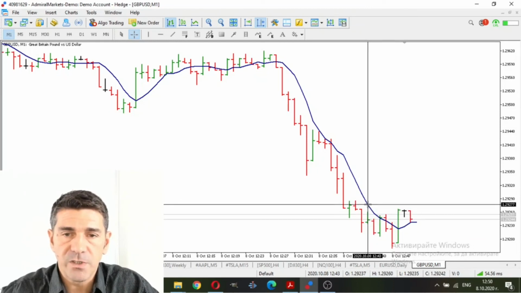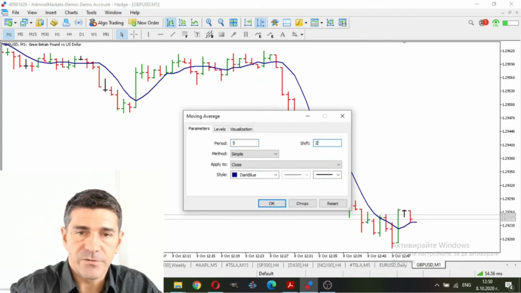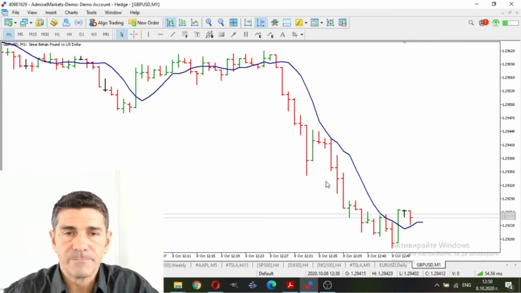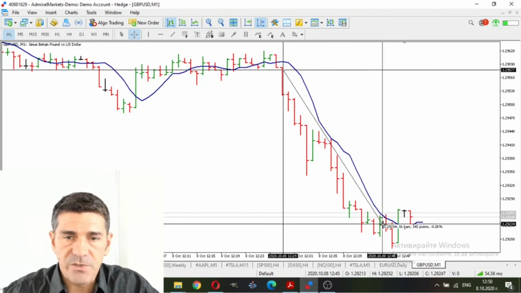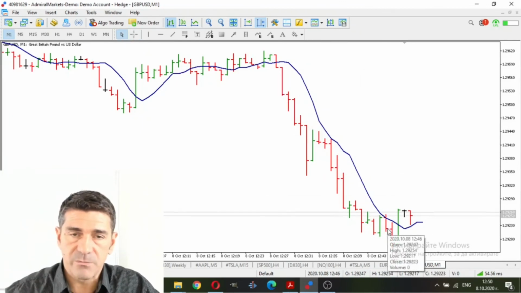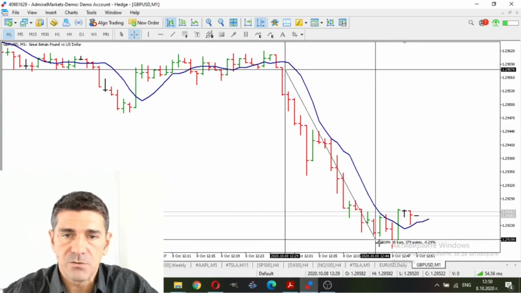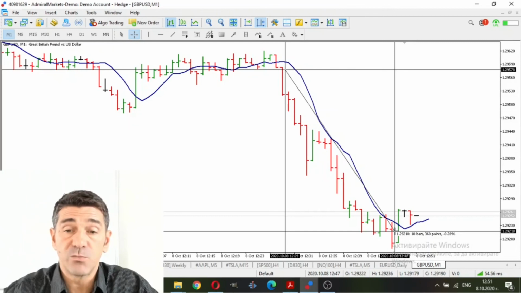Constantly below the moving average. Let me shift it in this way, it is a bit more clear, right? Okay, over this period of time, we have prices that are below the moving average, and we can use this to be a bit more confident that we are in the right position.